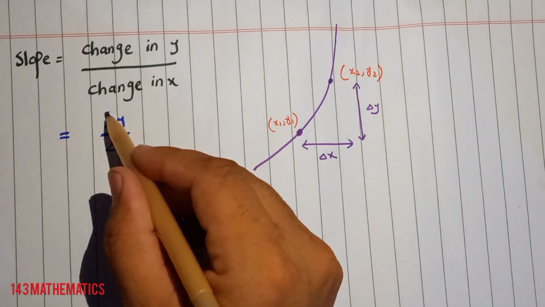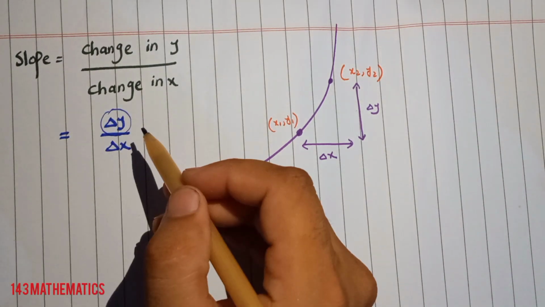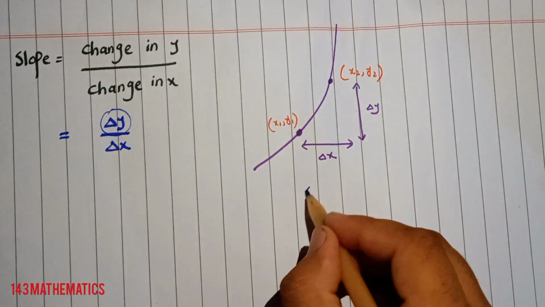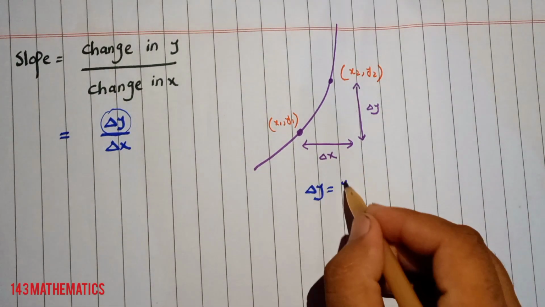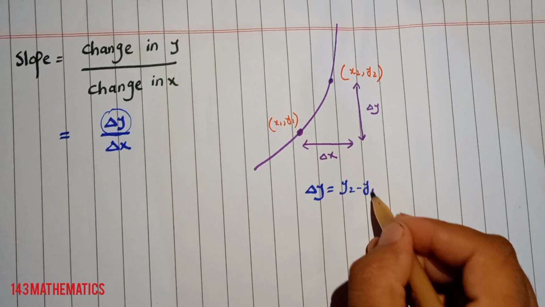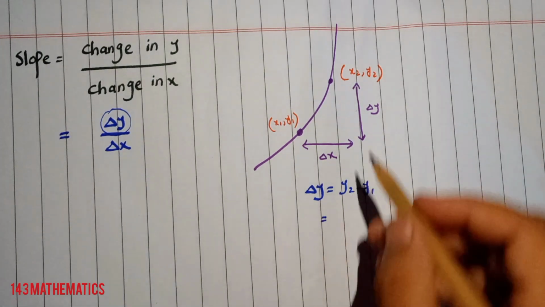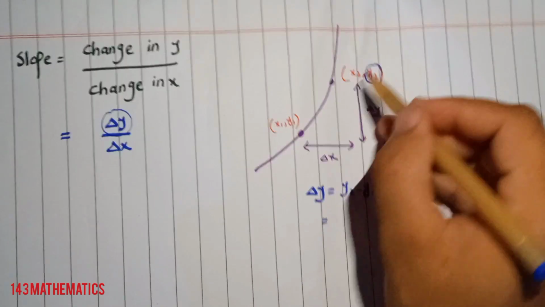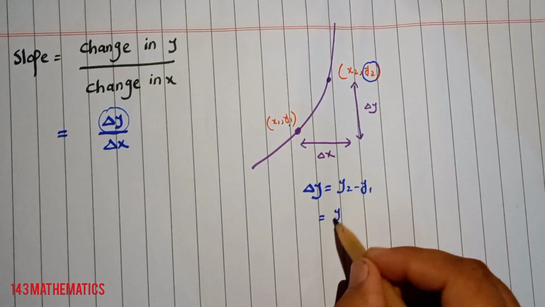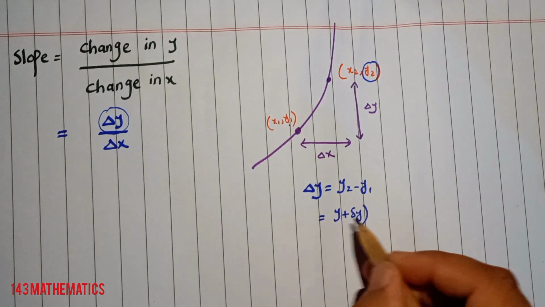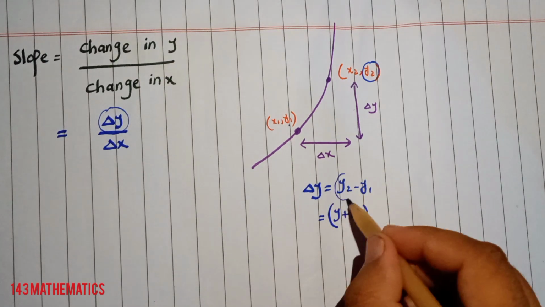So what is the value of del y? We know that del y is equal to y2 minus y1. So y2 is the increment in y, so you can write it as y plus del y. This is the value of y2.